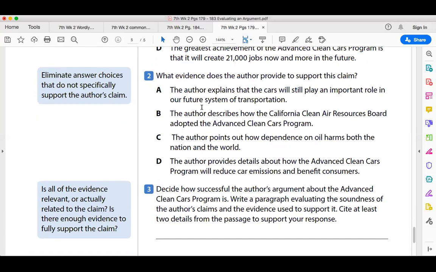B, the author describes how the California Clean Air Resources Board adopted the Advanced Clean Car program? Or C, the author points out how dependence on oil harms both the nation and the world? Or D, the author provides details about how the Advanced Clean Cars program will reduce car emissions and benefit consumers? So eliminate answer choices that do not specifically support the author's claims.